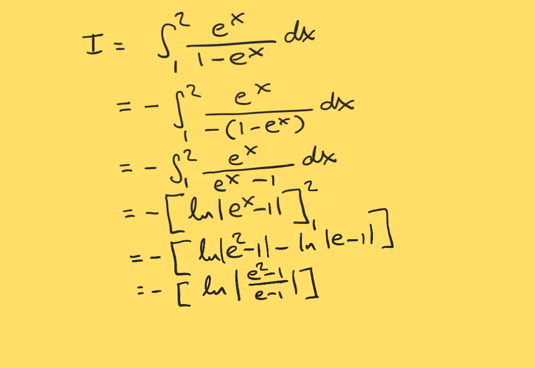And using the cancellation as before, we know that e squared minus 1 is e plus 1 times e minus 1. So the e minus 1 factors cancel, and therefore we obtain that our integral is minus, because that's outside, and then it's the logarithm of mod e plus 1, and e plus 1 is positive, so we don't really need the modulus.